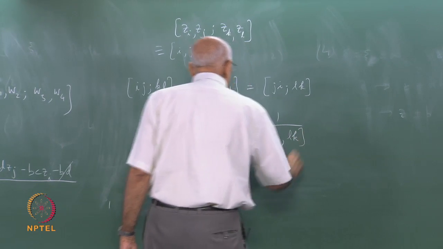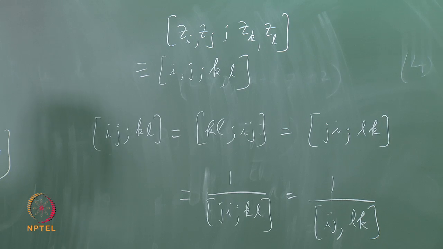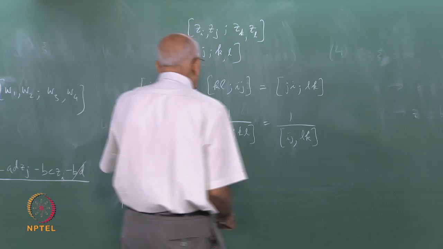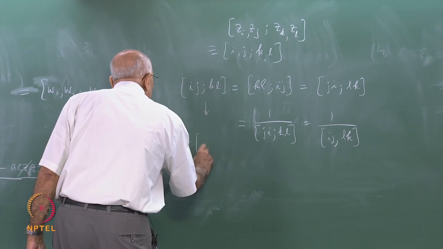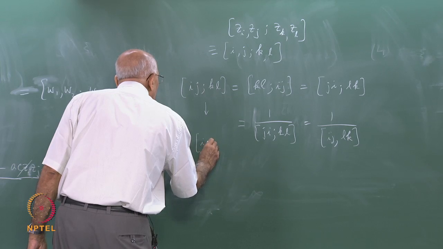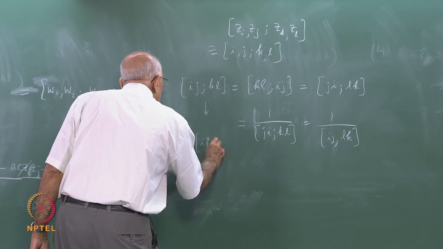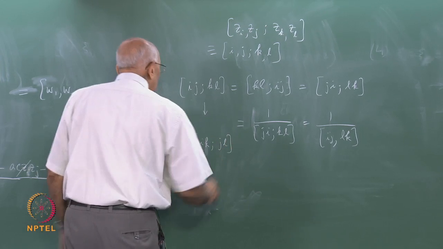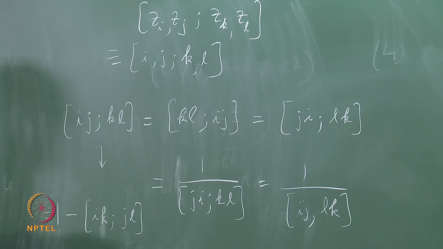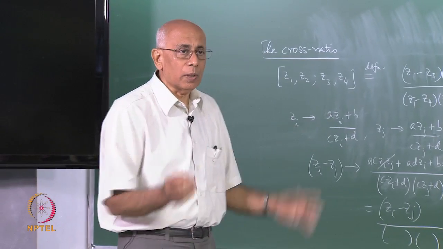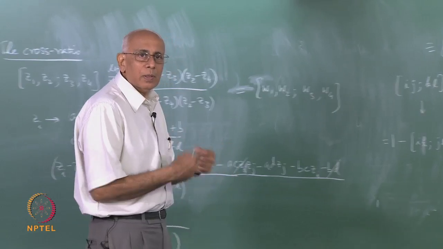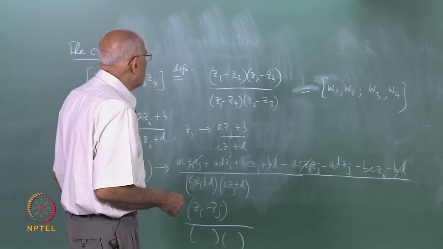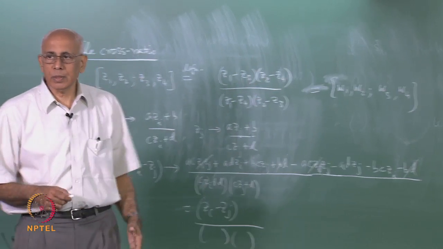So there are lots of such relations. This is also equal to 1 minus the cross ratio (ikjl), and then you can use all these symmetry properties on this and derive all the relations that exist between the cross ratio of any 4 points. So it is a quantity with a lot of symmetry properties, and the beautiful thing is it is invariant under Möbius transformations.